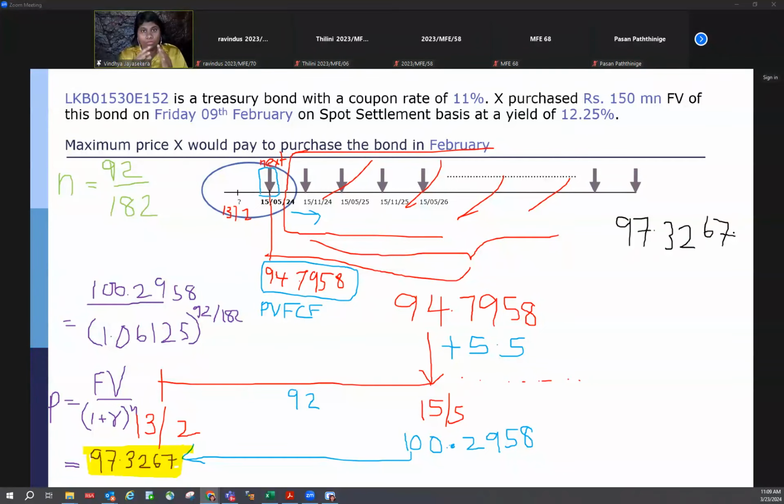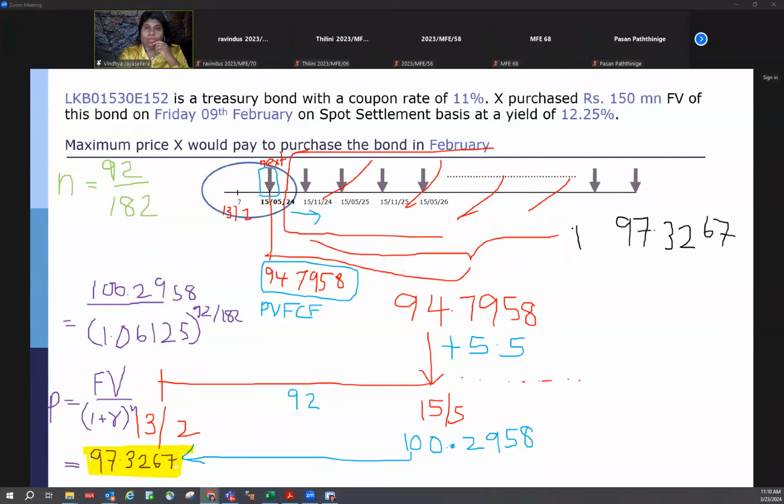It is the discounting of my next cash flow of 94.7958, that is the future cash flows from 15th of November, plus the next coupon that I'm receiving. So, is this the clean price or the dirty price? Dirty price, yeah. The dirty price, correct. The next coupon is inside this price.